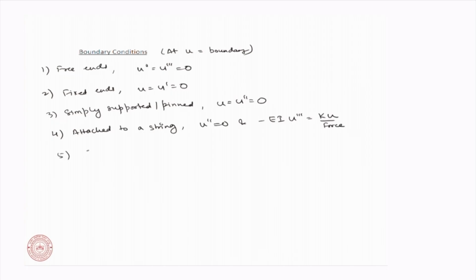Then if we have a point mass attached at the end, again you have u double prime equals 0, and minus E I u triple prime equals mass into the acceleration, so m u double dot. Okay, so, the point mass attached. Then we can have a torsion spring.